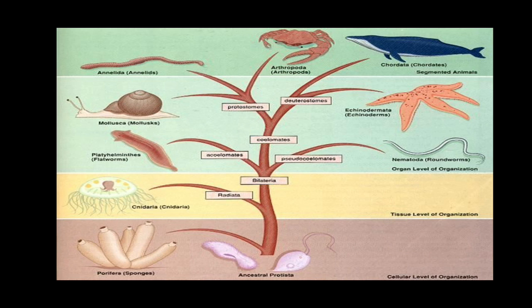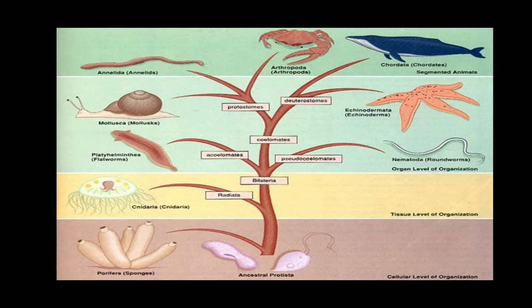So the next group of organisms will be cnidaria, which belong to the group radiata, which have the radial symmetry. And then followed by the bilateral, which have the bilateral symmetry, which will be further divided into acoelomates, pseudocoelomates, and coelomates.